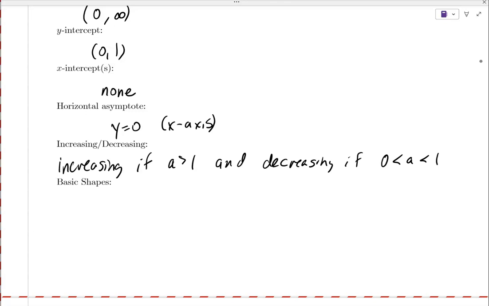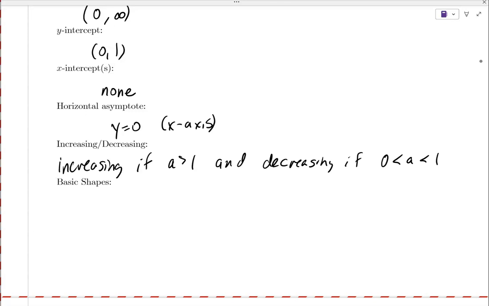This is where the first difference in the exponential is based on the base. If the base is bigger than 1, it goes up and to the right. If the base is between 0 and 1, it goes down and to the right.